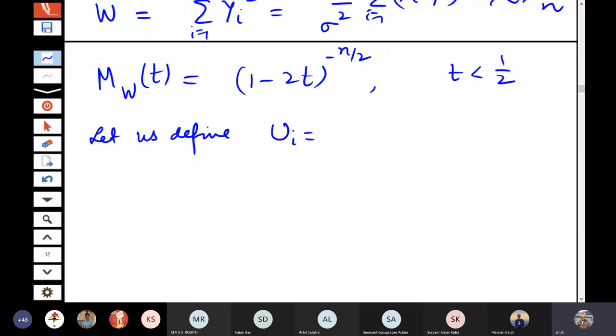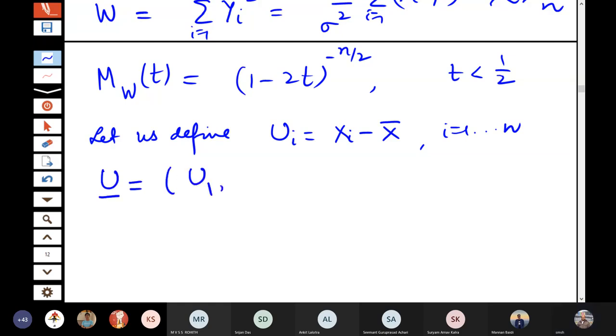Now I am defining ui equal to xi minus x bar, for i equal to 1 to n. So let us write down the random vector u1, u2, ..., un.